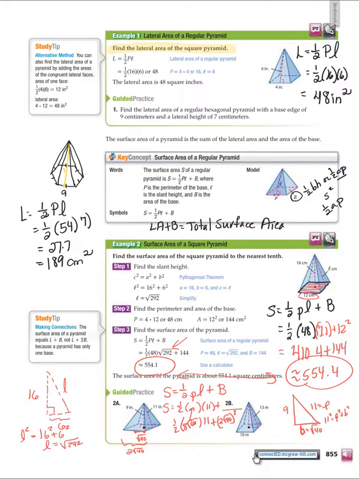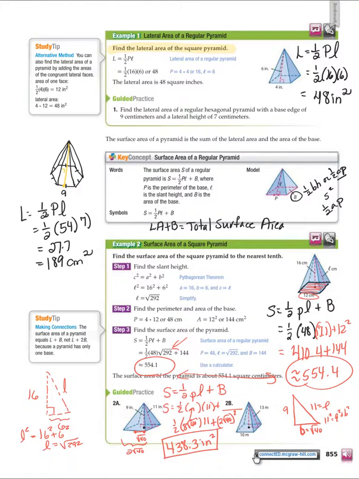I'm going to leave the root by arrowing out, closing my parentheses, and I'm going to square that little rascal. Come on down, and I'm going to hit enter, and I'm getting approximately 438.3. And that's going to be square inches right there.